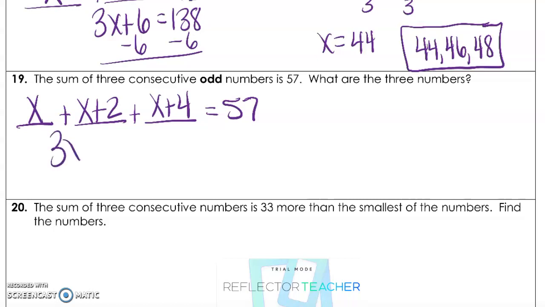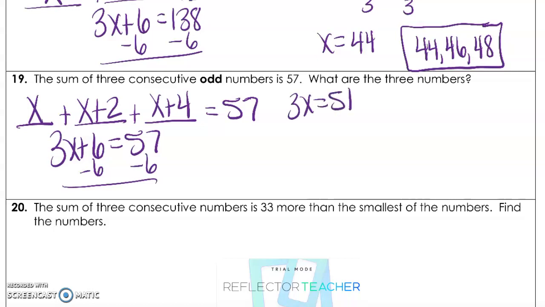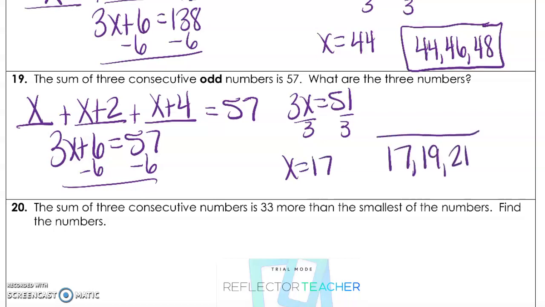So 3x plus 6 is equal to 57. Subtract 6, 3x equals 51. Divide by 3, x equals 17. So 17, then 19, then 21 would be our three consecutive odd numbers.